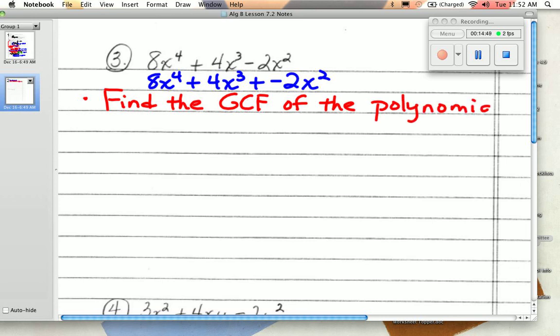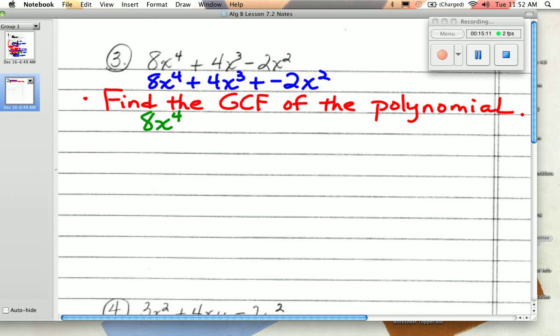So in other words, we have 3 terms in our polynomial, so we have to make sure that whatever we call the GCF can be divided out of all 3 of them, and it's the largest thing that can be. So let's write down here, we have 8x to the 4th.